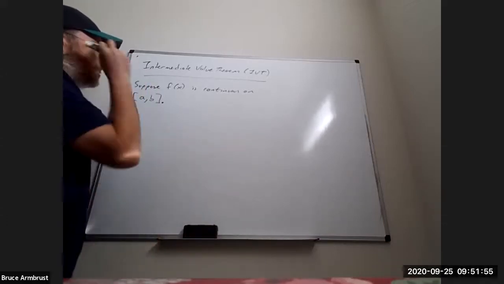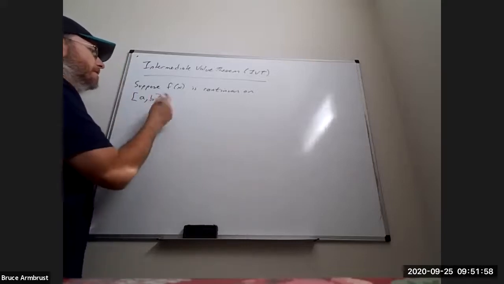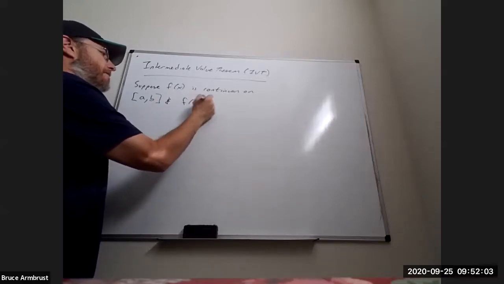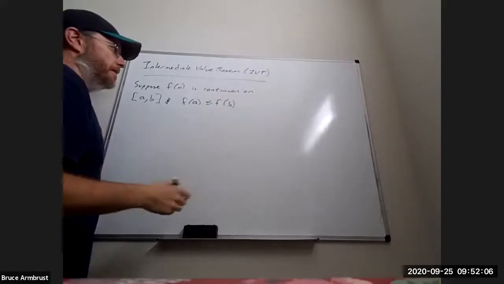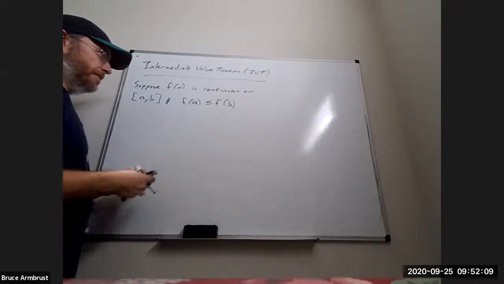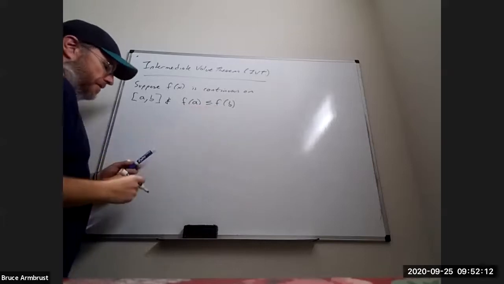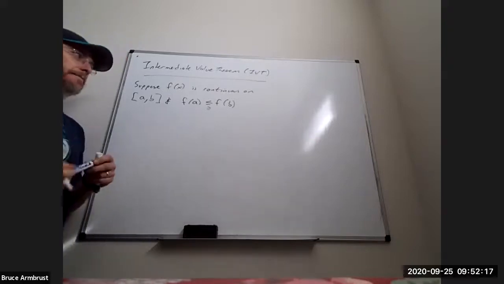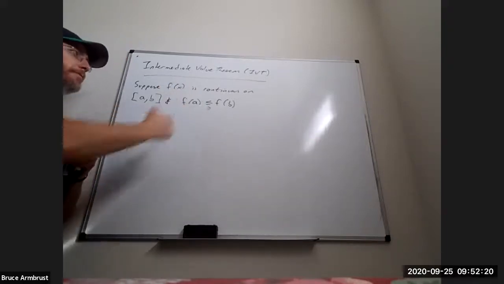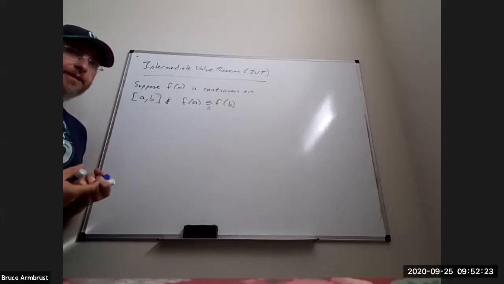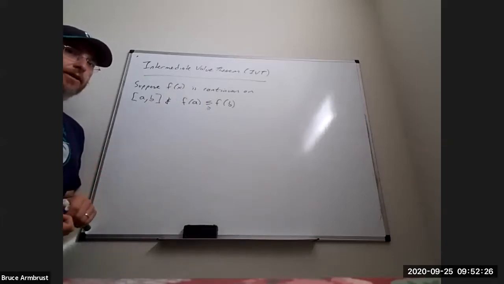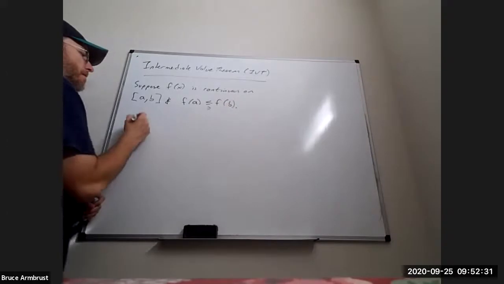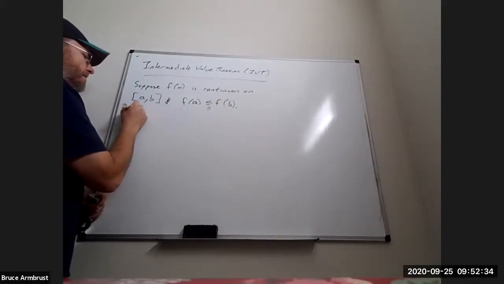So we've got a continuous function. And let's just say, for the sake of argument, that f of a is less than or equal to f of b. Now, I am going to tell you that this statement could also be the other direction. It doesn't really matter. I'm just picking one so that we can actually draw it and see what's going on. But I'll show you that if we switch it, it doesn't really change anything.